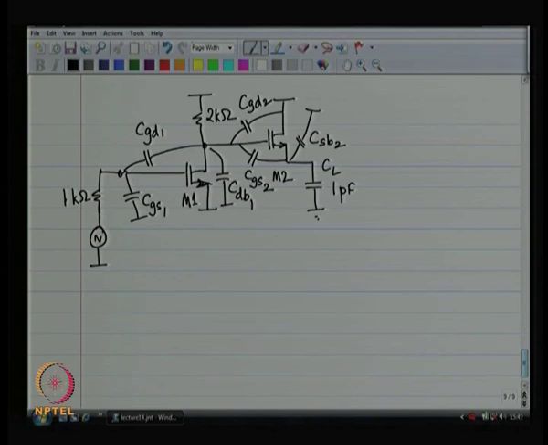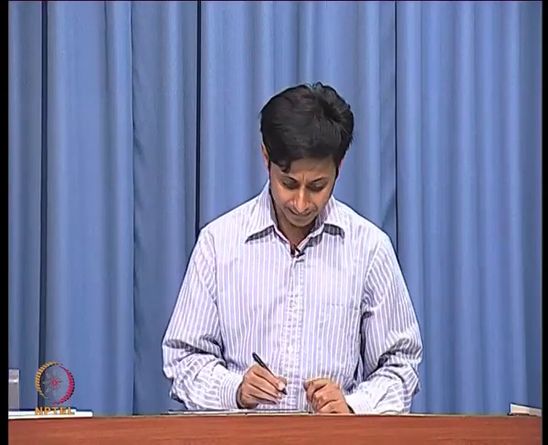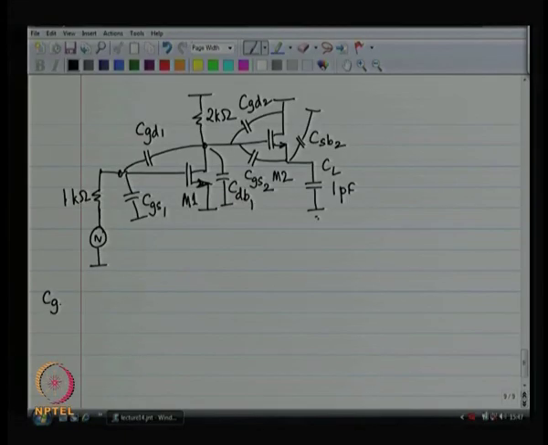right. What do I do? I am going to take each and every capacitor, pull it out of the circuit and find out the resistance looking in. So, to start with, let me start with CGS1. So, there is no change from my previous calculation, right.